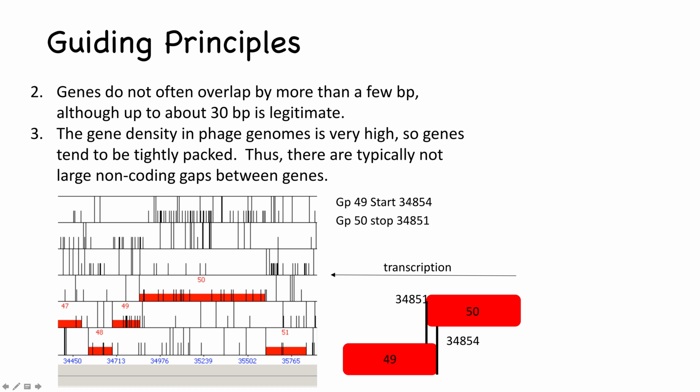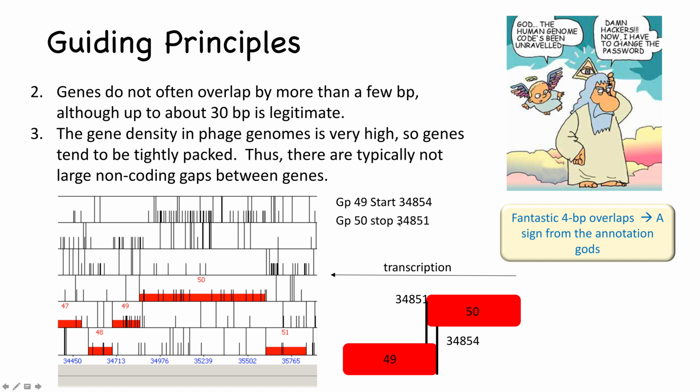Here are the coordinates for GP49 start and the coordinates for GP50. I can calculate the overlap by asking which nucleotides are shared by both GP50 and GP49. If you take the higher number, which is 34,854, and subtract the nucleotides that are not included, that would start at 34,850, then the answer is a 4 base pair overlap.